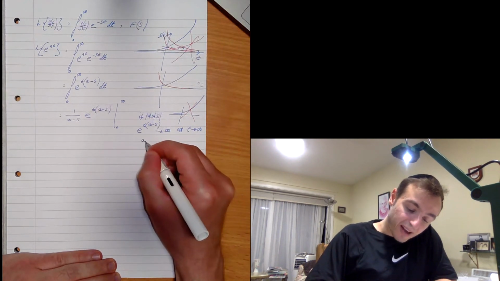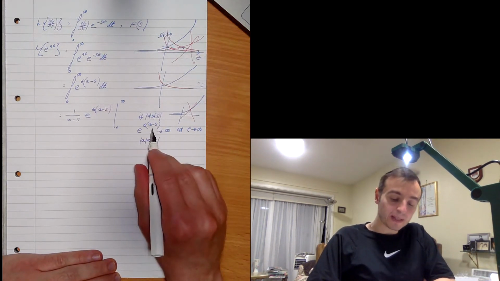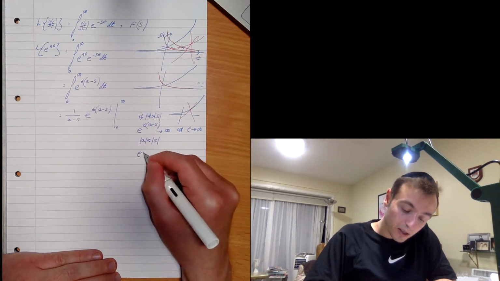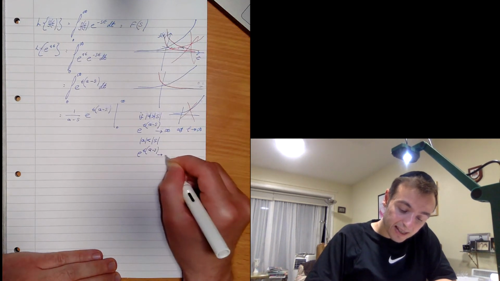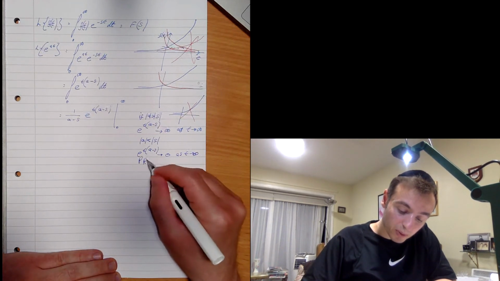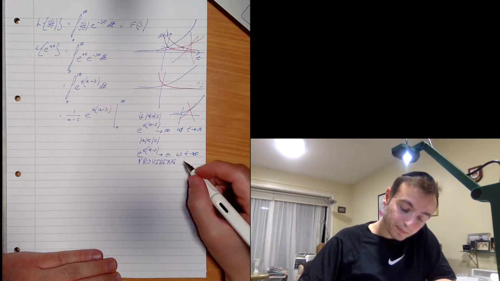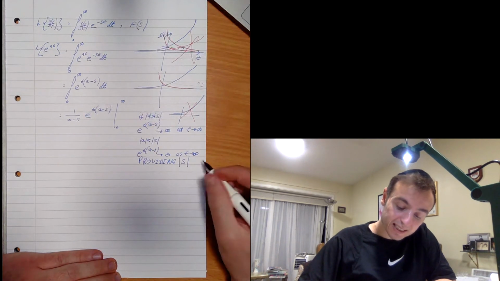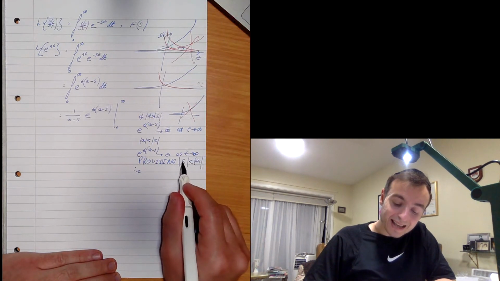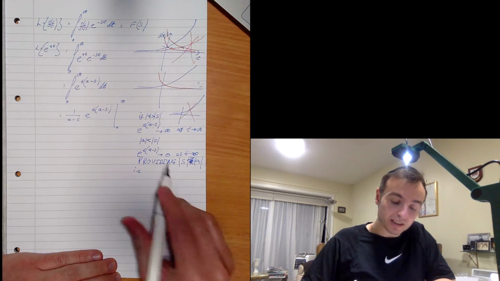Well, if the magnitude of s is greater than the magnitude of a, then this is going to be a negative exponential function. As t tends to infinity, e to the t times a minus s is going to tend to 0. So we just write that out: e to the t times a minus s is going to tend to 0 as t tends to infinity, providing, and this is really important here, providing the magnitude of s is greater than the magnitude of a.